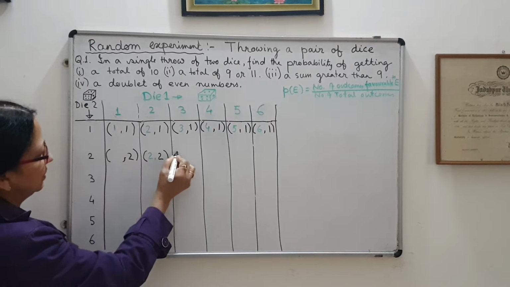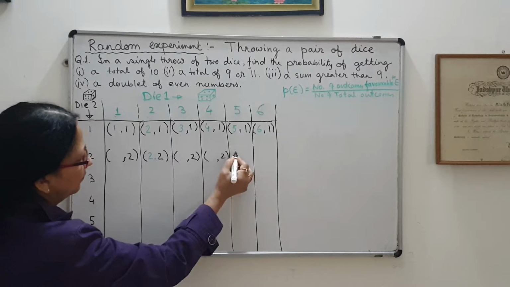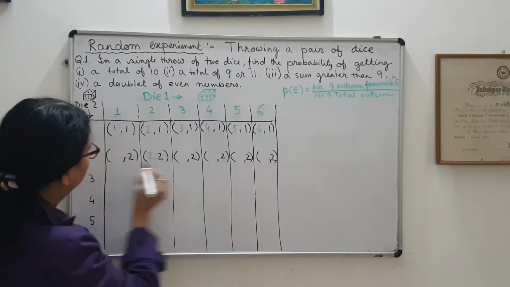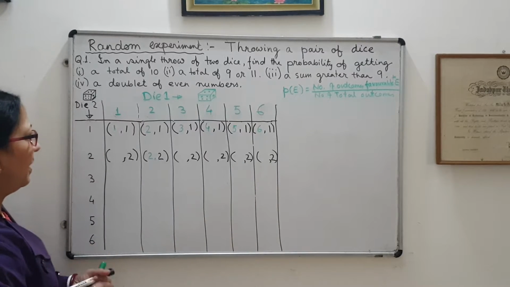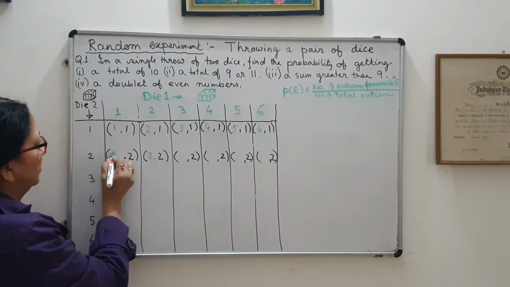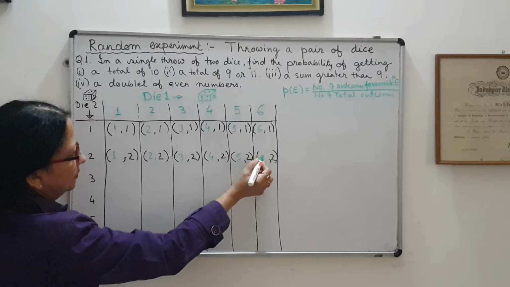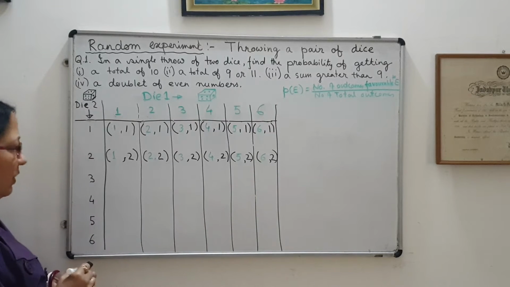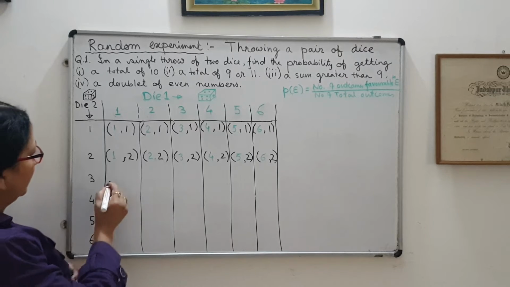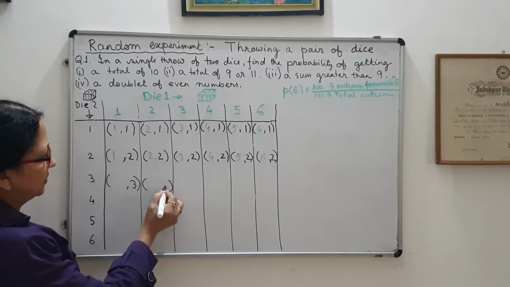This 2 is fixed, and I fill up the first position with the outcome of the first die. In this way we can go on filling up. Here 3 is the fixed member in the second place.